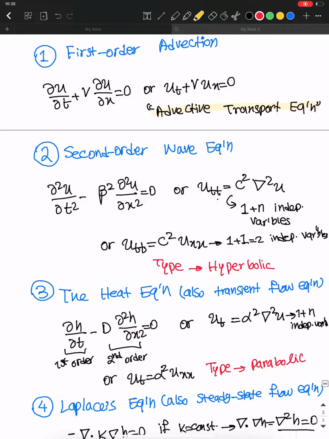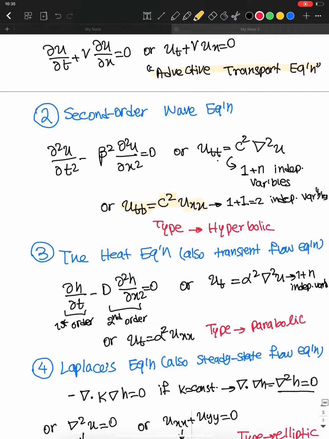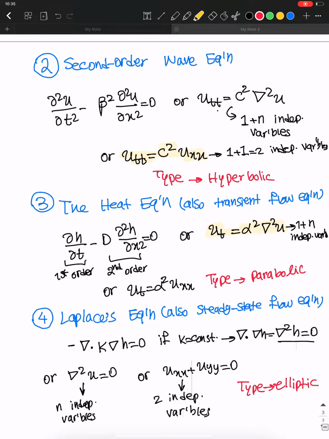Then the second order wave equation, which is hyperbolic, and we mostly work with this one. The third is the heat equation, which shows how heat spreads out in space, ut equals alpha square grad square u.